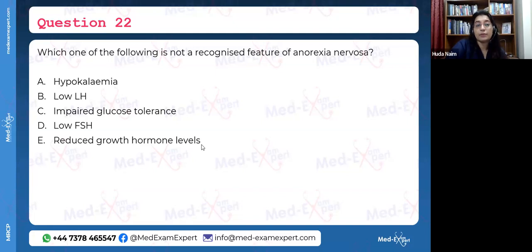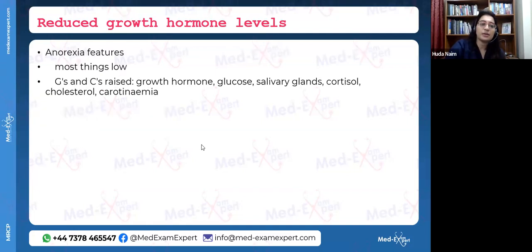So, which of these is not a feature of anorexia nervosa? There are no reduced growth hormone levels in anorexia. What is raised is the growth hormone, glucose, salivary glands, cortisol, cholesterol, and carotenemia. All of these are raised in anorexia nervosa.